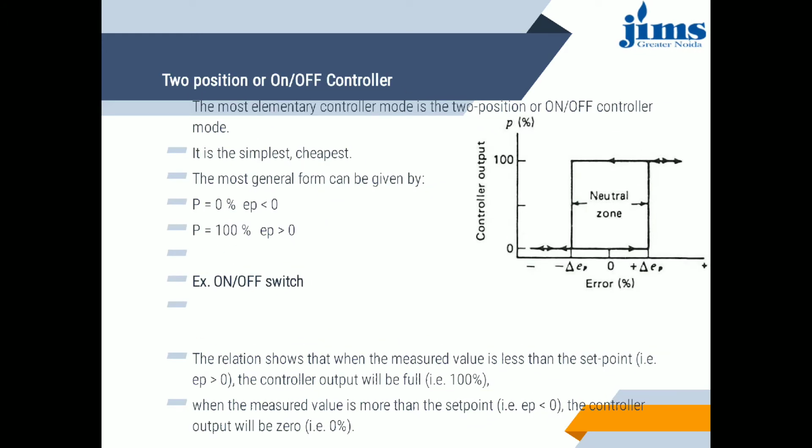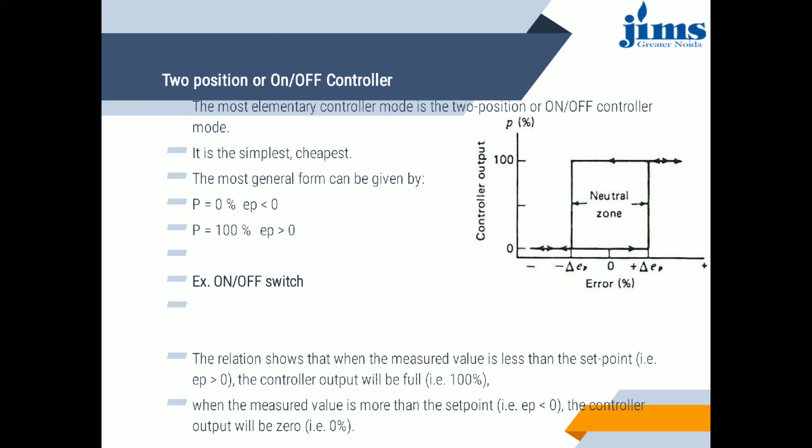Next, we have the two position or on-off controller. The two position control is also known as on-off control or bang-bang control. This type of controller is simple and inexpensive and is generally employed in home heating systems, domestic water heaters, and industrial control systems.